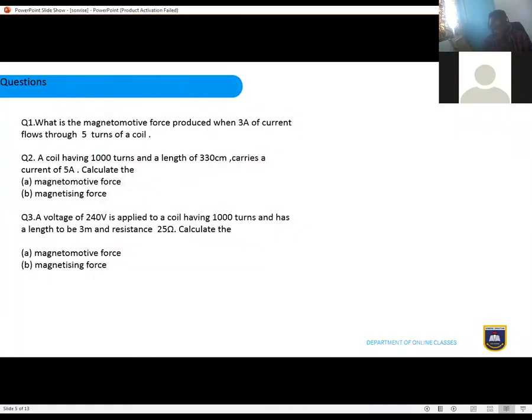This one we have to find the magnetomotive force. So let's go back and see the formula for magnetomotive force, then we write down our data and solve.